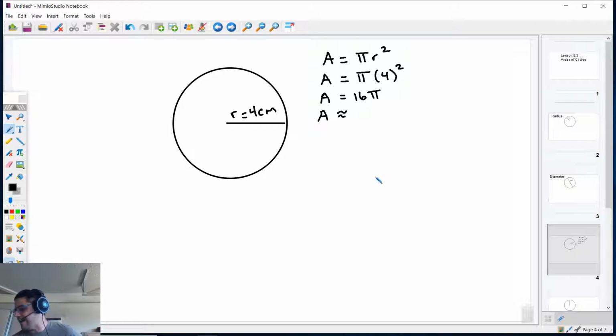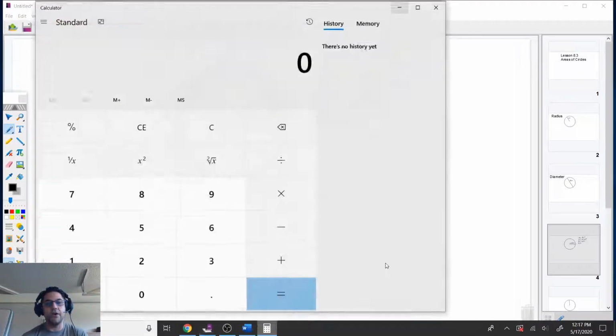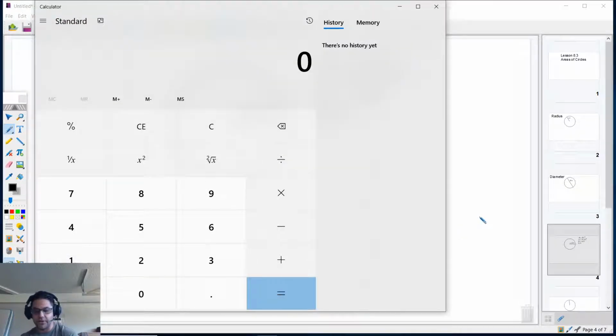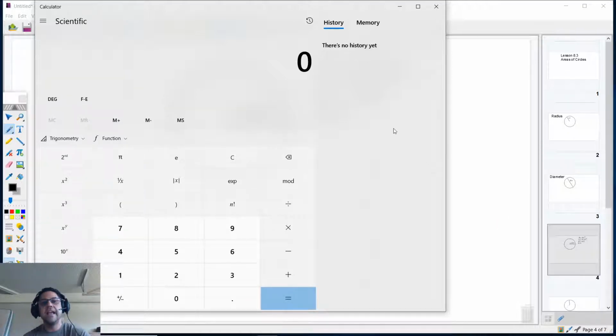If you have, at least I know this works with an iPhone, if you open your calculator app and rotate it horizontally, it changes into your scientific form. Or you can just open up the calculator app on your computer or find one online. We're going to switch from standard to scientific. If you notice, either on your phone or on the computer, there is a pi button.